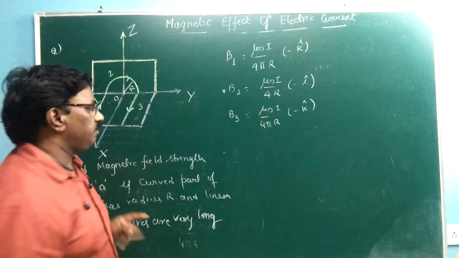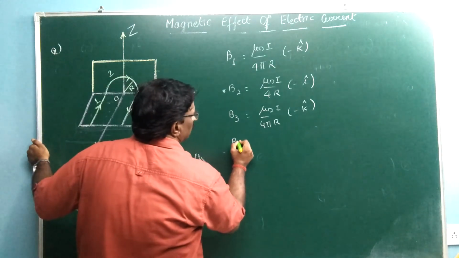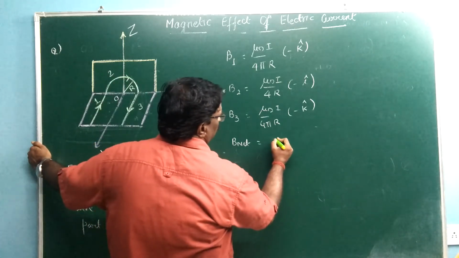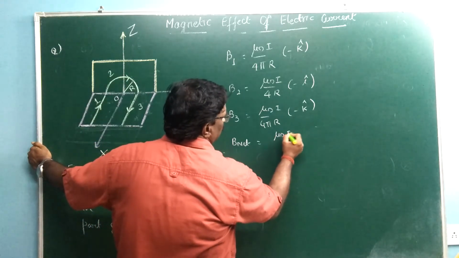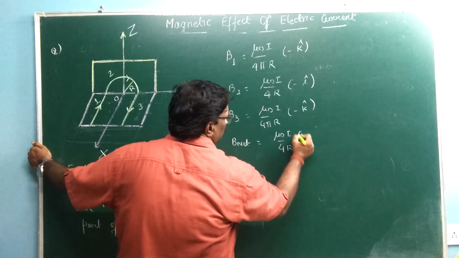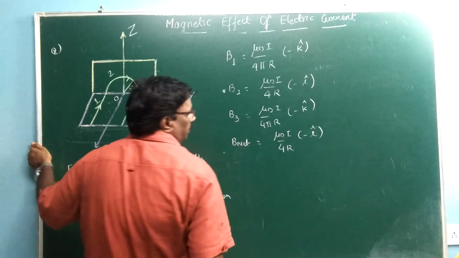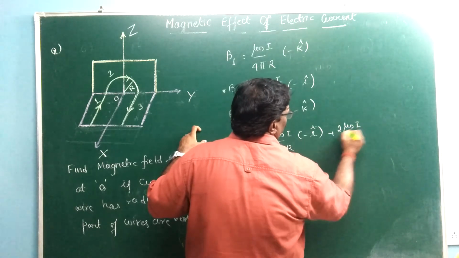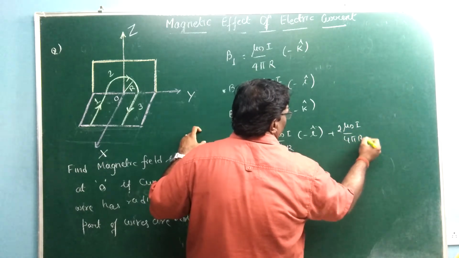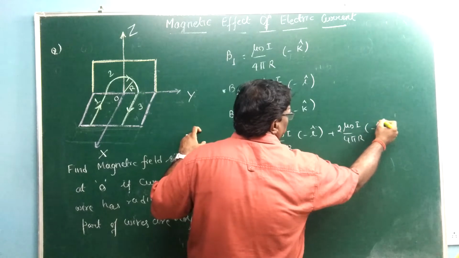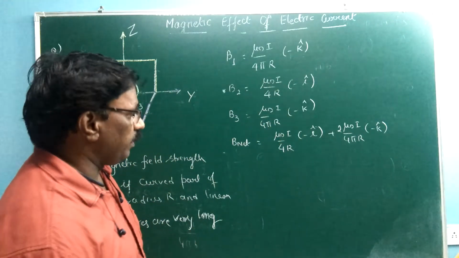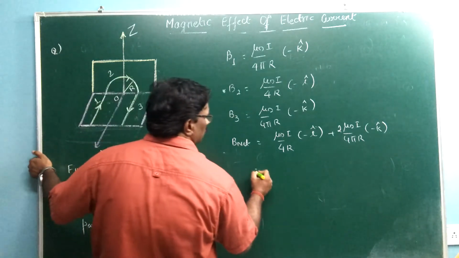So what is the net field? So B net is mu naught I by 4R times minus i cap, plus 2 times mu naught I by 4 pi R times minus k cap. Further you can simplify, which is common in both.